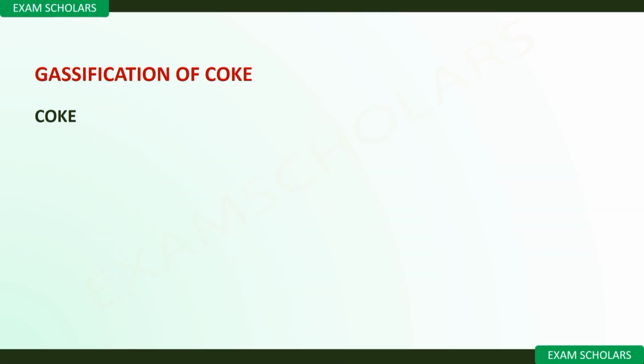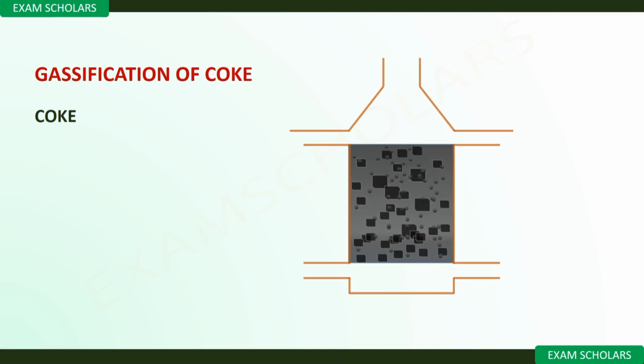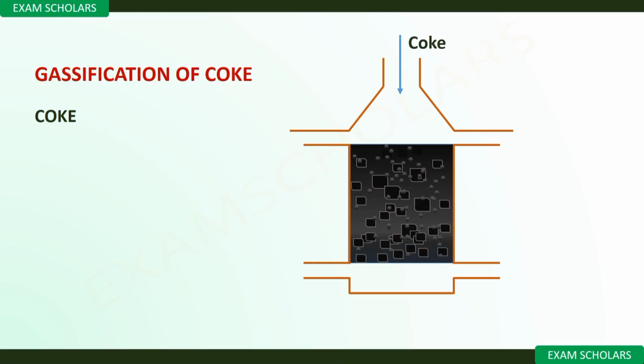Now, let's look at the process called gasification of coke. How can we make producer gas and water gas? This is a compartment. In this compartment, coke will be deposited like this, and it will be heated here. When air is allowed to pass through this orifice, producer gas will be produced. We have producer gas coming out here.